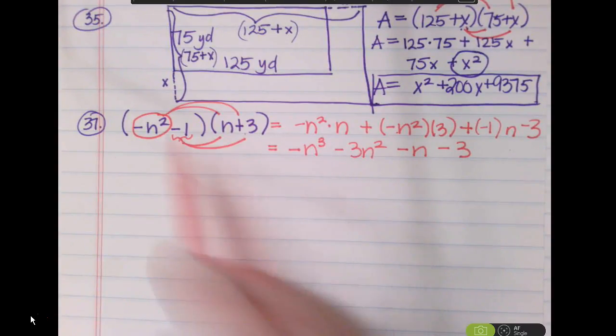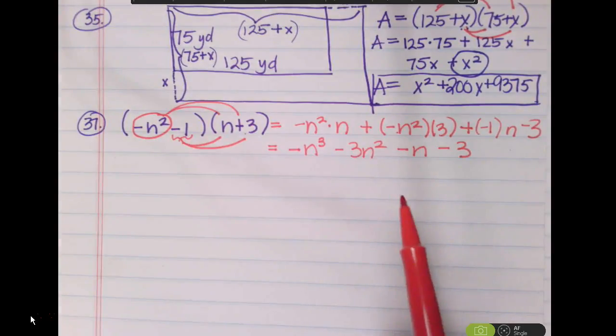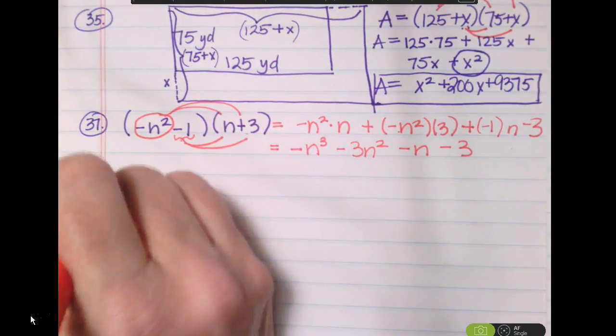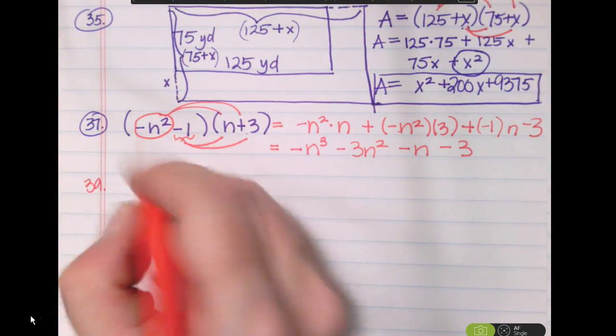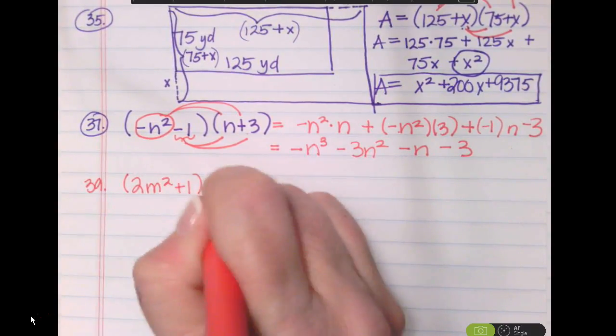And the reason there are no like terms is because we didn't have the same powers in our expression at all. So number 39, we've got 2m squared plus 1 times m plus 5.